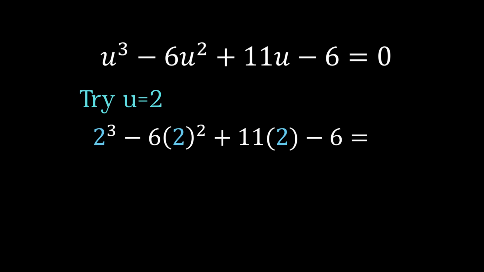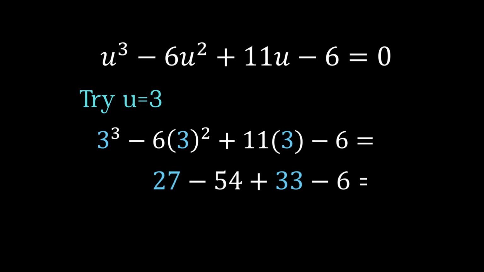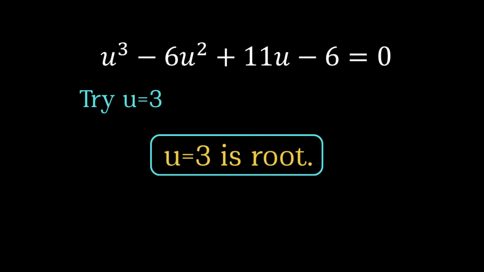For u equals 2, 8 minus 24 plus 22 minus 6 also equals 0. So u equals 2 is another root. For u equals 3, 27 minus 54 plus 33 minus 6 again equals 0. So u equals 3 is also a root.